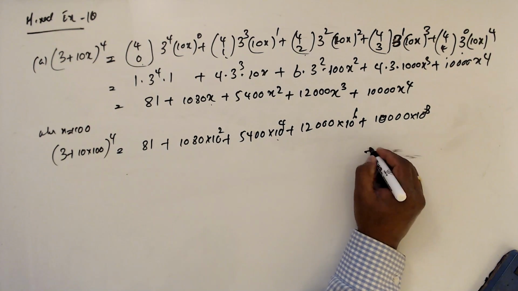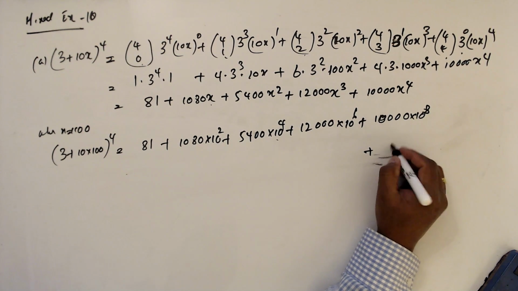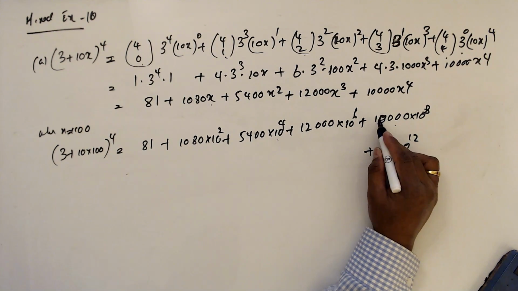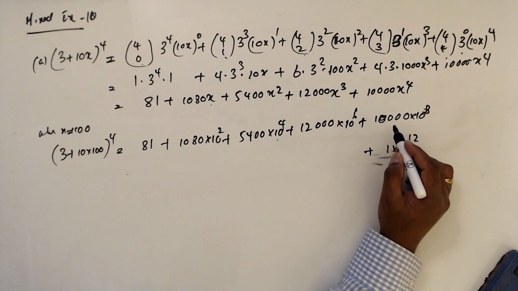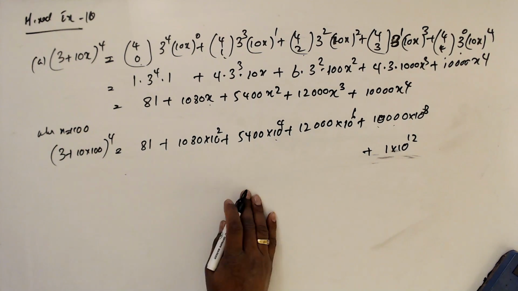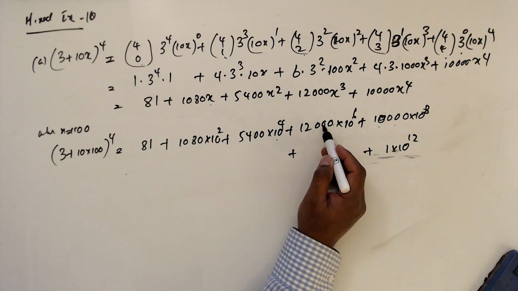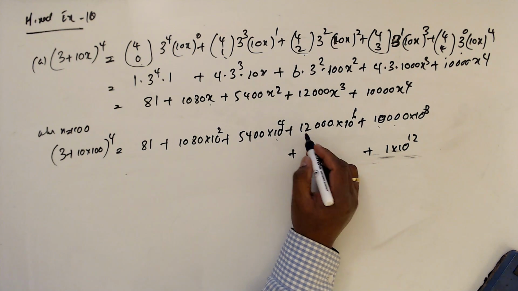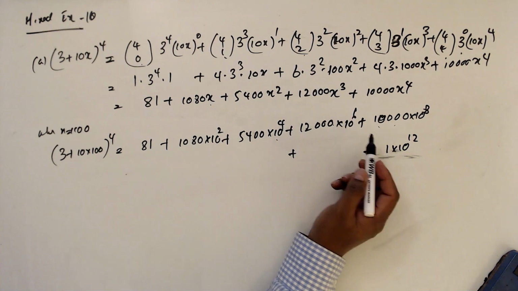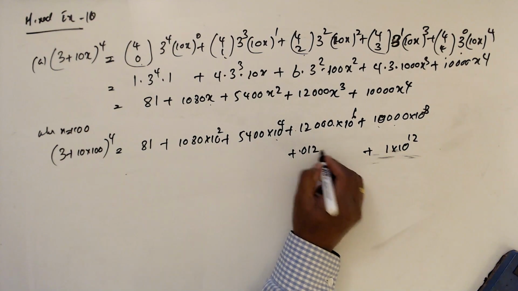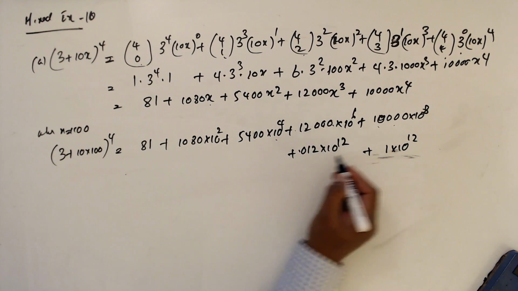It means I can write this as 1 times 10 to the power 12. This is 10 to the power 12. And this is 0.012 times 10 to the power 12.